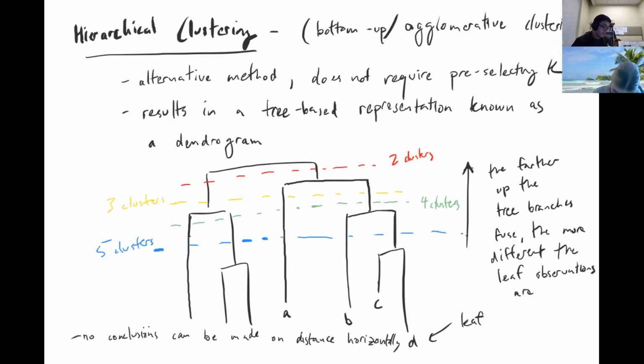Therefore, I don't know anything about whether or not C or D is closer to B, because that's all based off of horizontal distance in the same branch.